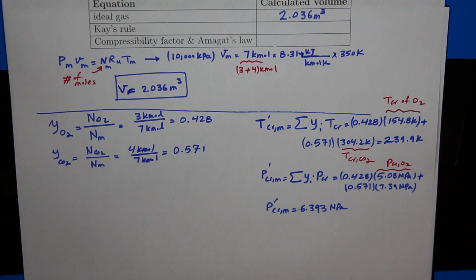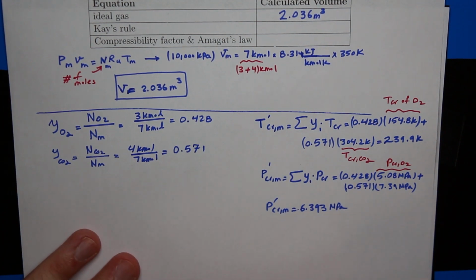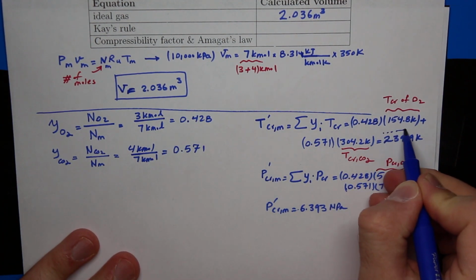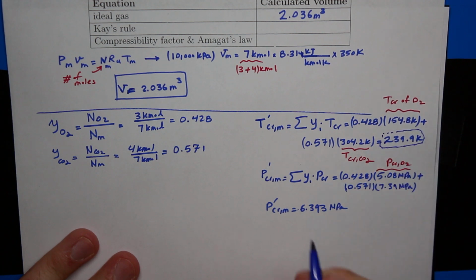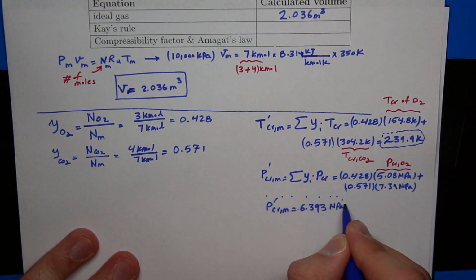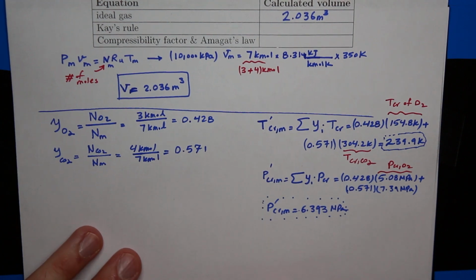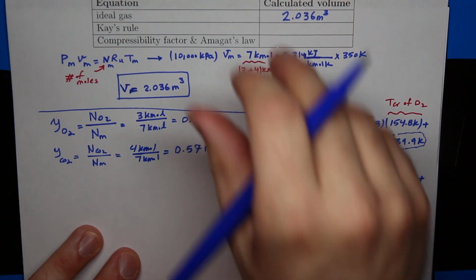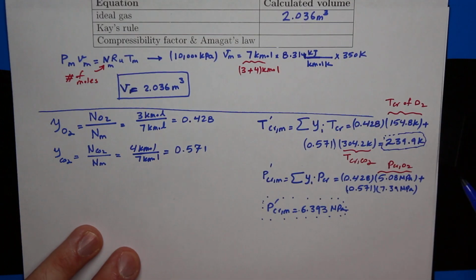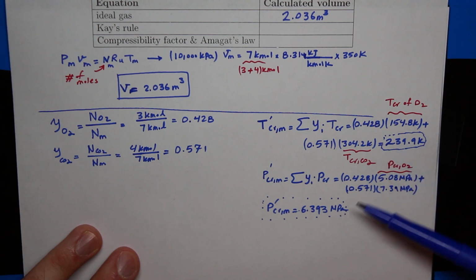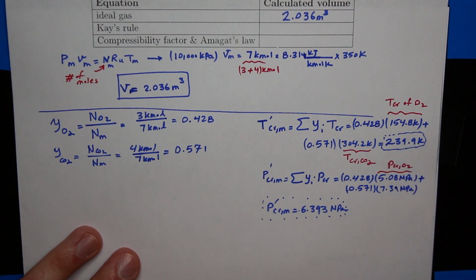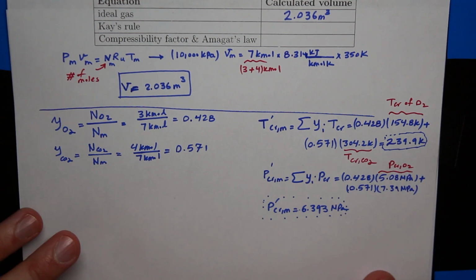All right, now I have a gas which has the critical temperature of this much and the critical pressure of this much. Okay, so I know the critical values. What I'm going to do right now is obtain the reduced temperature and the reduced pressure based on the critical values.